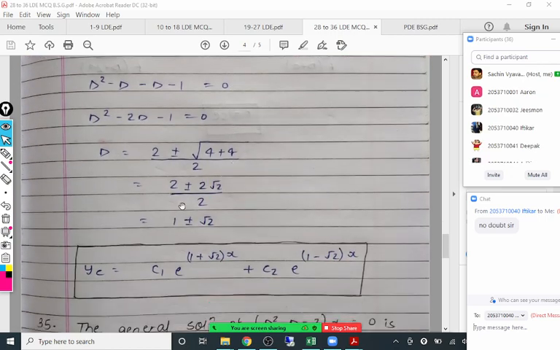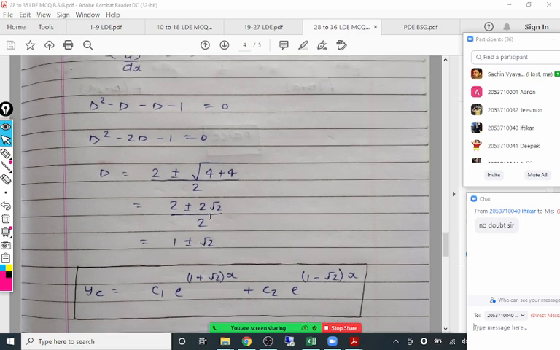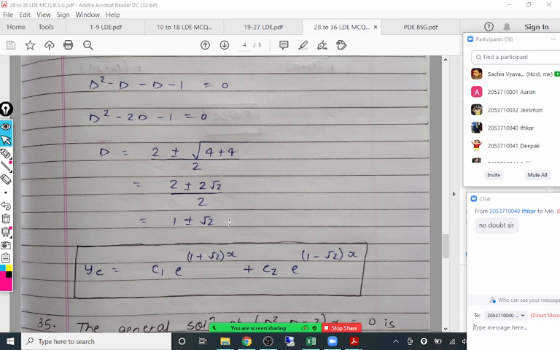You will see these are the roots. If these are the roots, your answer should be in terms of z, na? Because it is a transform. Whenever it is a Cauchy's form, you should be careful. YC should be C1 e raised to (1 plus root 2)z plus C2 e raised to (1 minus root 2)z.